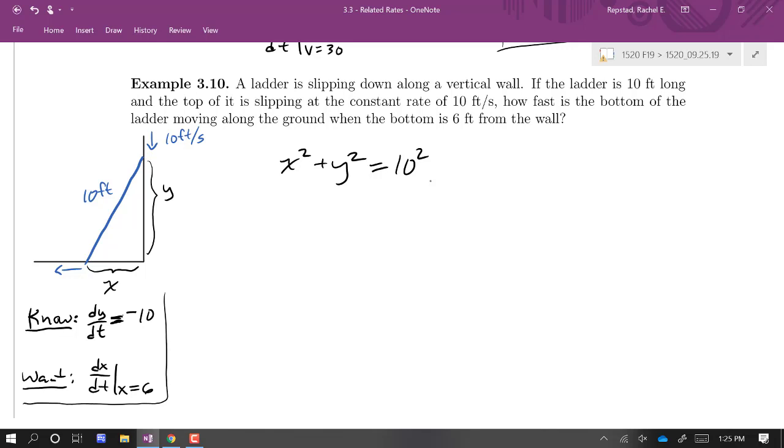If we differentiate with respect to time, what's the resulting equation? 2x dx dt plus 2y dy dt equals 0. Why 0? Because even though we're doing a power, 10 squared is still a constant, so its derivative is 0.